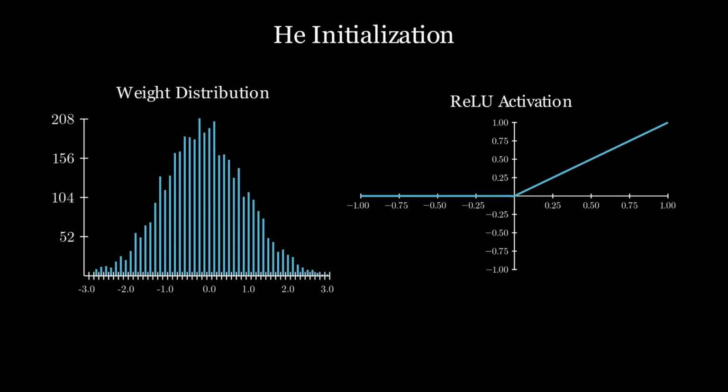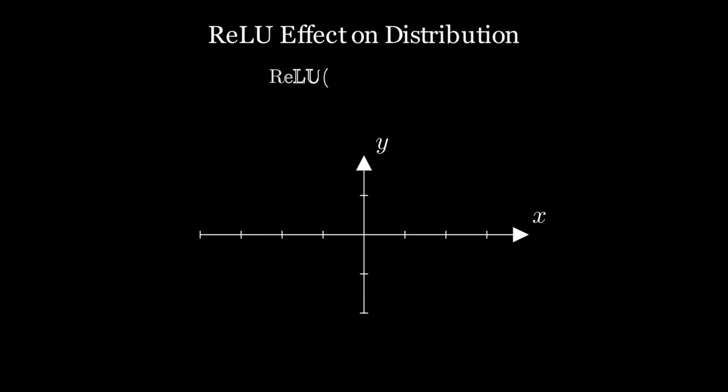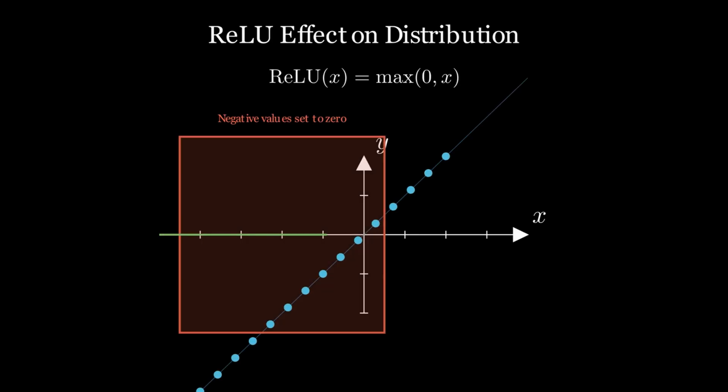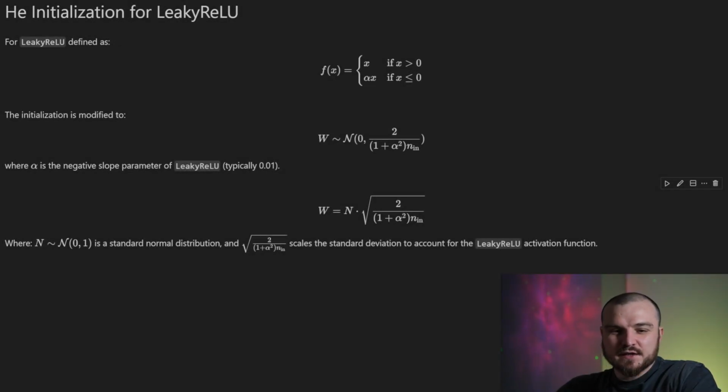This increased variance compensates for the ReLU activation function's tendency to zero out negative values. We just switch all the negative values to 0 when we use the ReLU function. He initialization can be further adapted for the Leaky ReLU activation function.